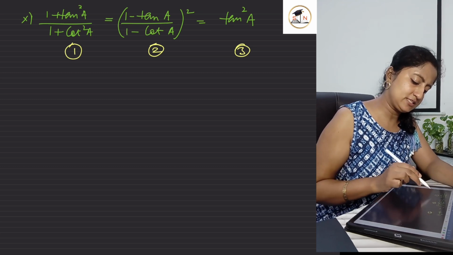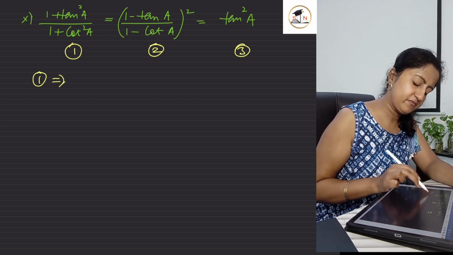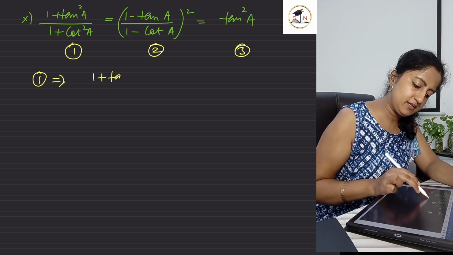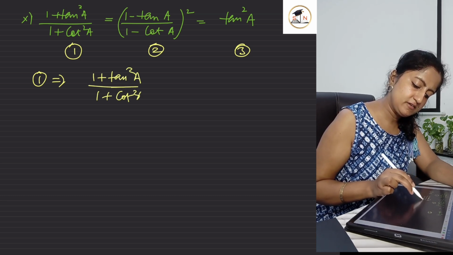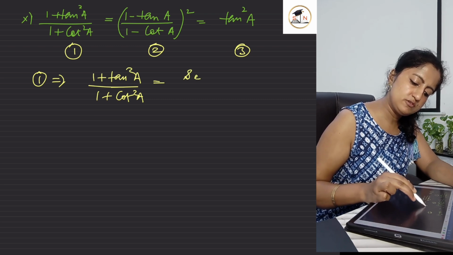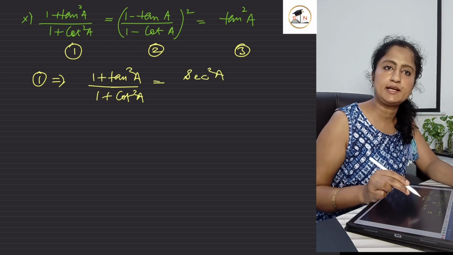What is 1 plus tan square A over 1 plus cot square A? In the numerator, that equals sec square A, your second identity.